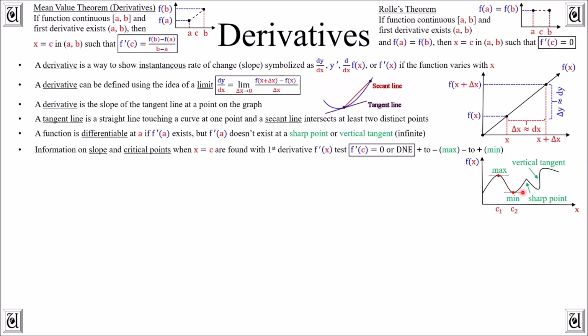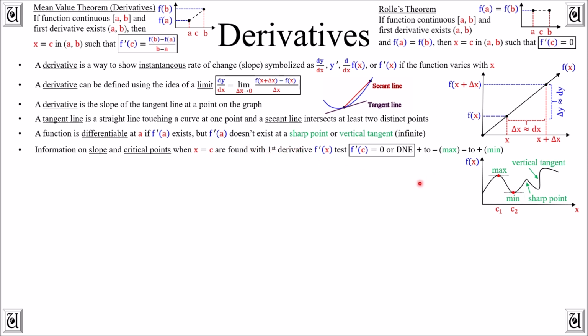So the slopes are going to be 0 here. Now we're going to have these two critical points at these two spots right here. And anytime you're switching from a positive to a negative slope, up to down, we're going to have some sort of maximum point. And then if you're going from a negative slope to a positive slope, you're going to have a minimum point.